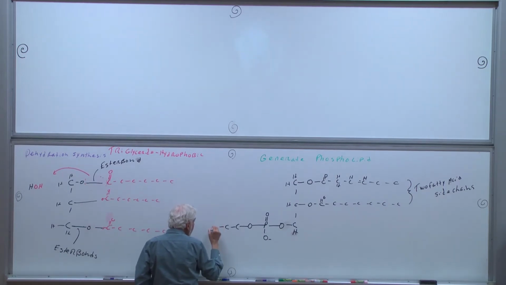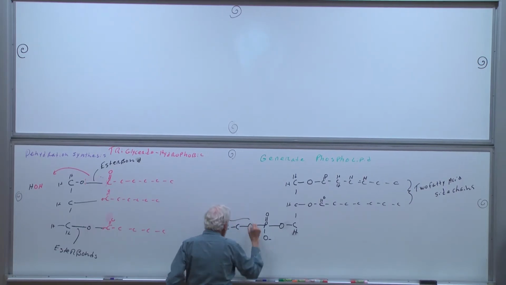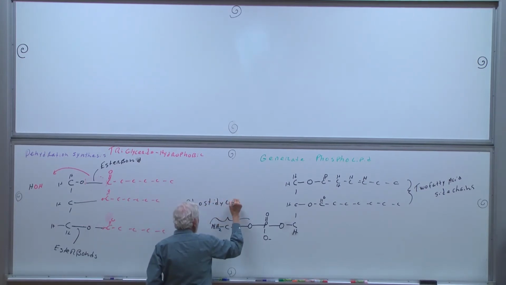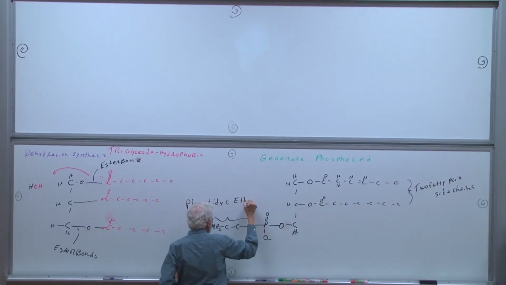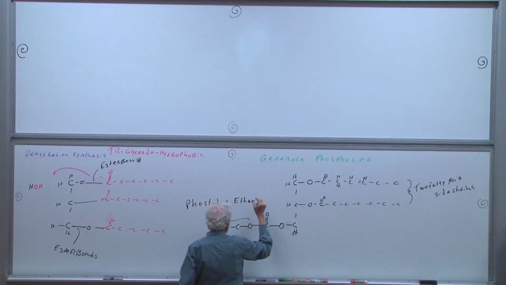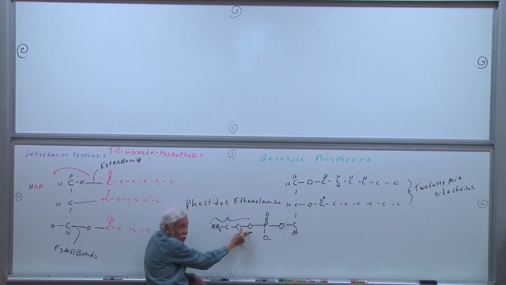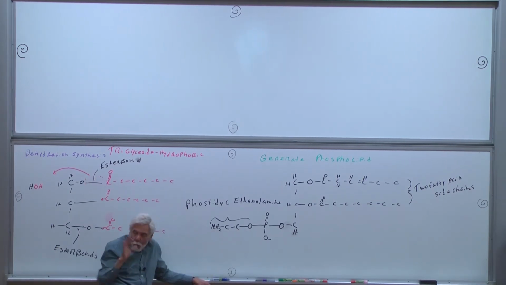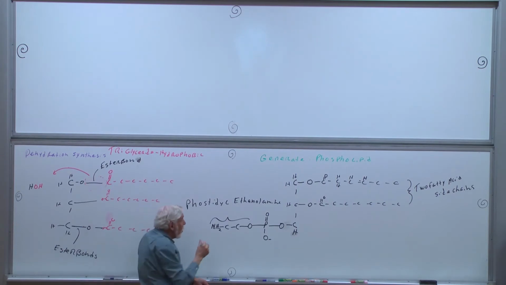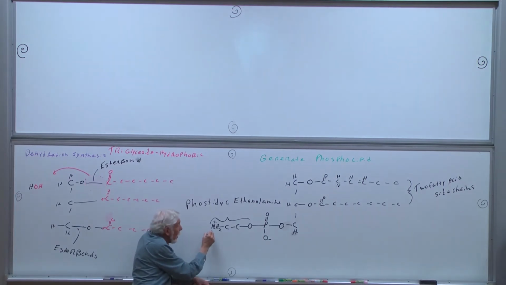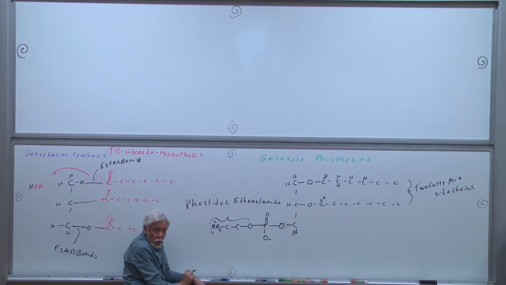And this carbon then out here can be linked to an amine. So this now is said to be phosphatidylethanolamine. Ethanol being, this started out as a hydroxyl here, so it was an ethanol. It has an amine on it. Now, don't memorize all that structure, but what I want you to know is that this amine is now going to be positively charged. At biological pHs, it's going to pick up an extra hydrogen. It will be positively charged.